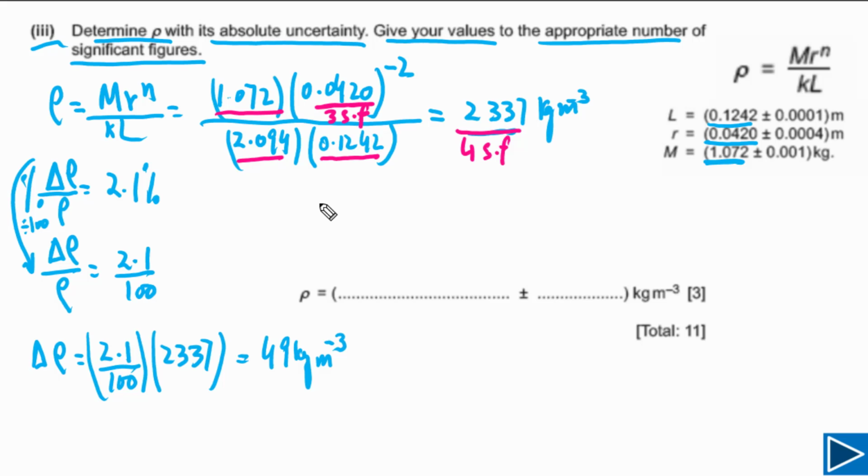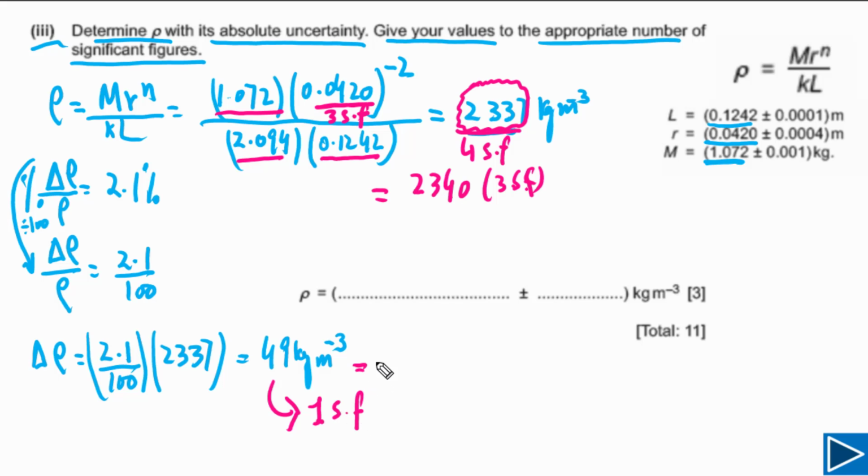So in our final answer, this can have the least number of significant figures or one more. So we can write this one up to 3 significant figures. So simply I can say this is 2340. So this has 3 significant figures now. Absolute uncertainty, we have to write down up to 1 SF only. So this one we can simplify to 50.